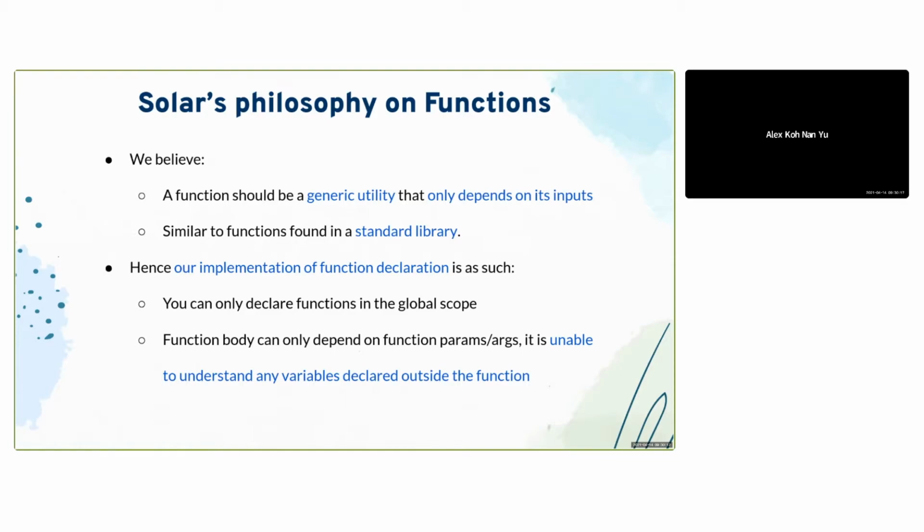You can only declare functions in the global scope, and your function body can only depend on your parameters. The function body will not be able to see any global variables. So that is our philosophy, and we implemented that.